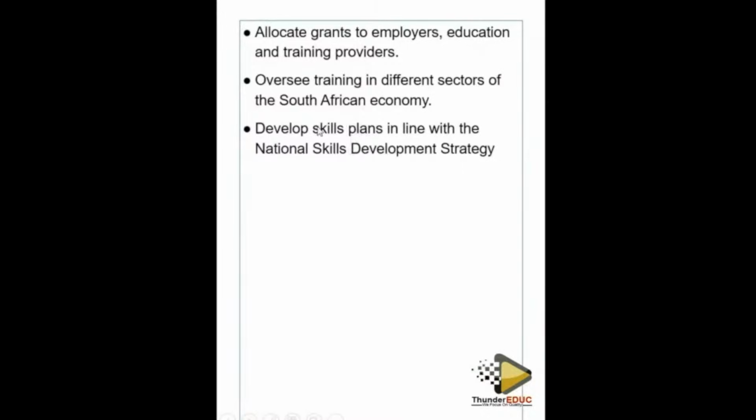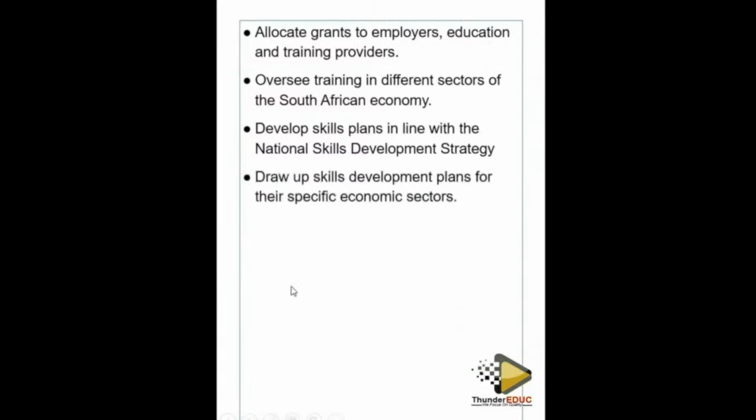So they shouldn't only check that the business wants to improve this set of skills, and ask why the National Skills Development Strategy doesn't cater for such a set of skills. These skill plans scheduled by the service providers or businesses should form part of the National Skills Development Strategy. In short, I'm saying that these skill plans should fall under the list of the skills that South Africa is aiming to achieve.